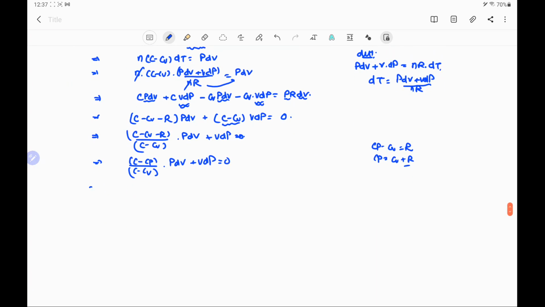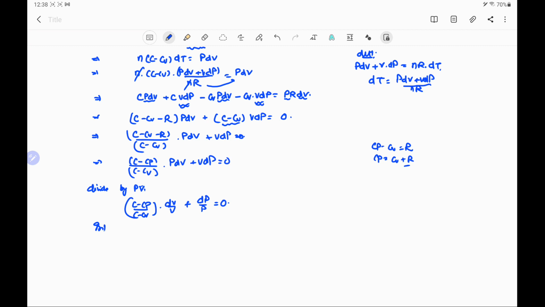Further, we divide both sides by PV, and we have (C - Cp)/(C - Cv) dV/V + dP/P = 0.